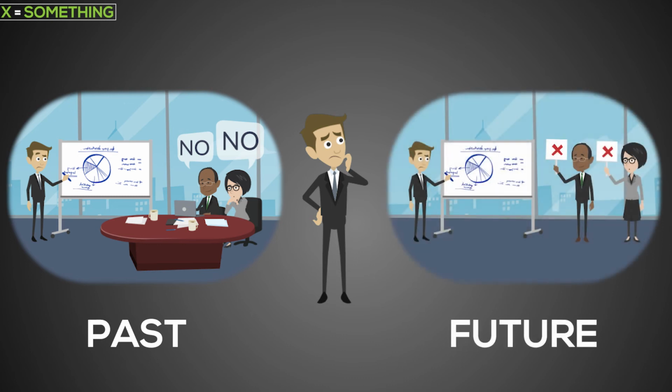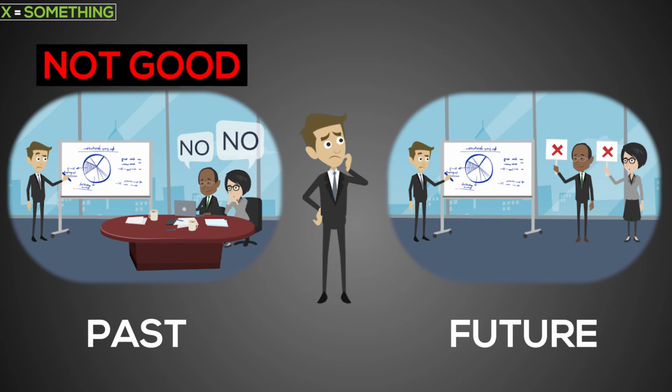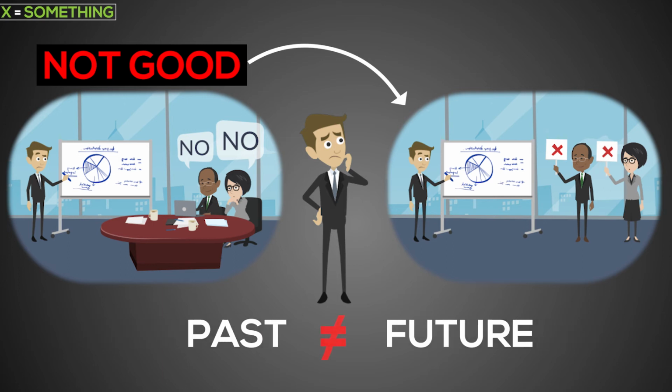So the meaning he was driving was, since I was not good in past, it means I'm not going to be good in future as well. Which is not true, because your past is not equal to your future. The circumstances in the past are entirely different to the circumstances that are in the future or in the present.